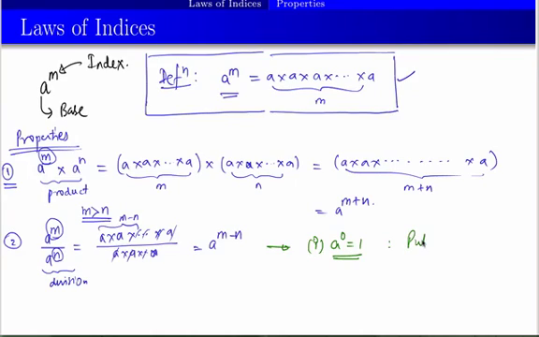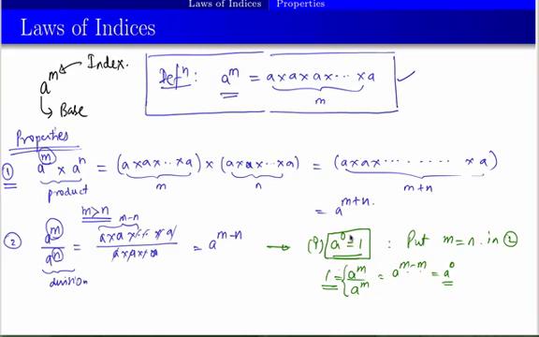Put m equal to n in property number 2. If I put m equal to n, I get a raised to m upon a raised to m equal to a raised to m minus m. Both being the same, the left side is 1, and on the right I get m minus m, which is a raised to 0. That implies a raised to 0 is equal to 1.